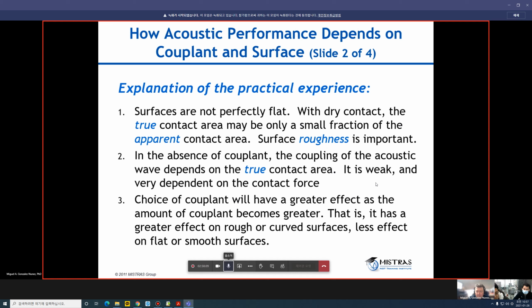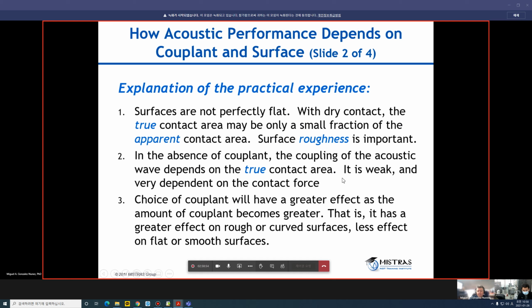So we know from experience that the surfaces are not perfectly flat, and with dry contact, the true contact area may be only a small fraction of the apparent contact area. The roughness of the surface is important. In your case, I don't know how smooth or how rough your rock surface is, but in the absence of coupling, the coupling of the acoustic wave depends on the true contact area.